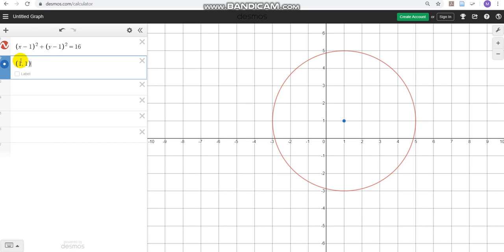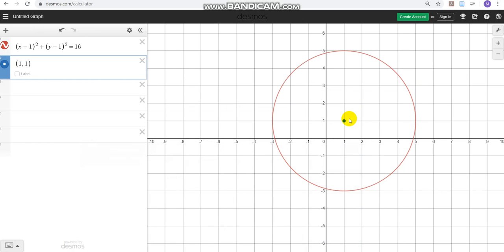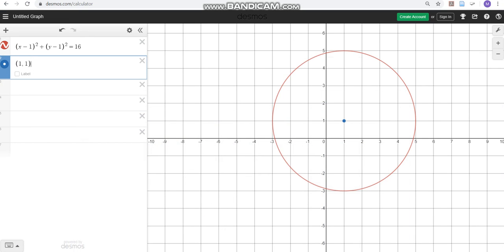If you look at this circle, it has a center at 1 comma 1 and also a radius. Count how many units: 1, 2, 3, 4 units. So the radius is 4 units long, and that's how you would graph the circle.